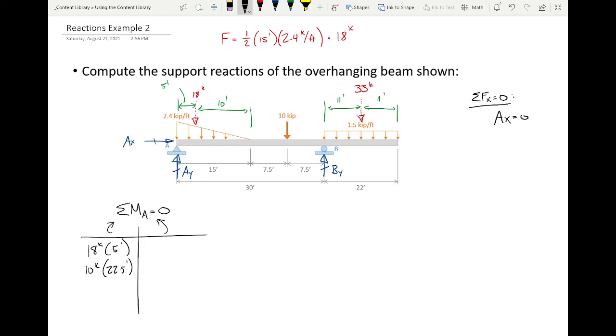Left or right side of the table? And moment arm? 30 feet. And then what do we got? We got the 33. Somebody tell me, what's the moment arm going to be? 41, right? From A, because it's 30 plus 11, and then it's on the left side of the table, right?